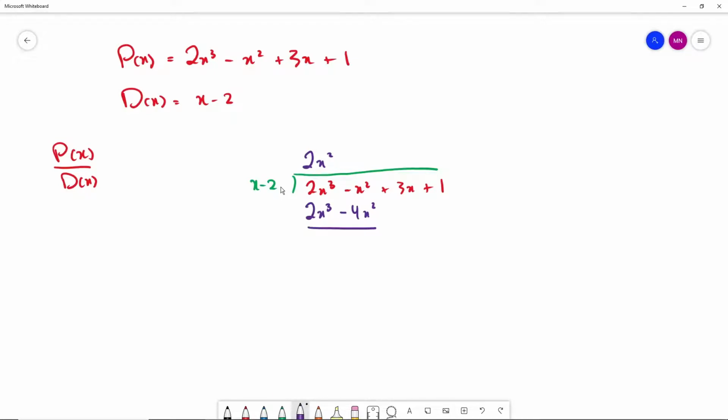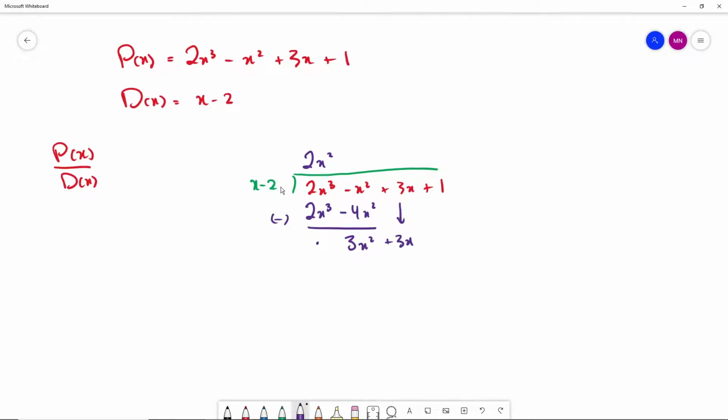Okay, so we do the operation of minus. This will give us 0, and negative x squared minus negative 4x squared becomes a process of addition, so the answer will be 3x squared. So we bring down the plus 3x.